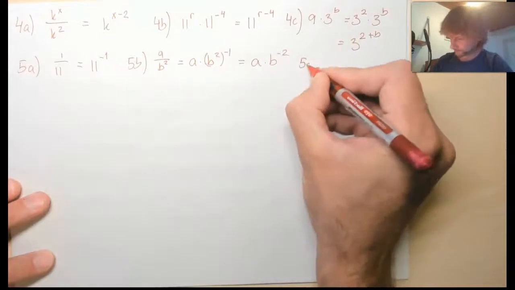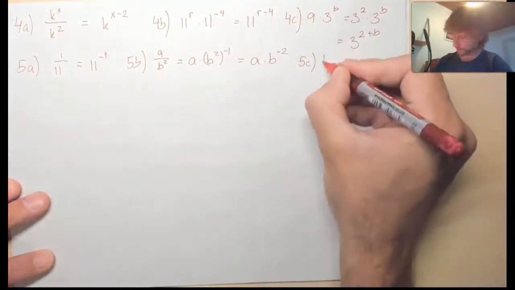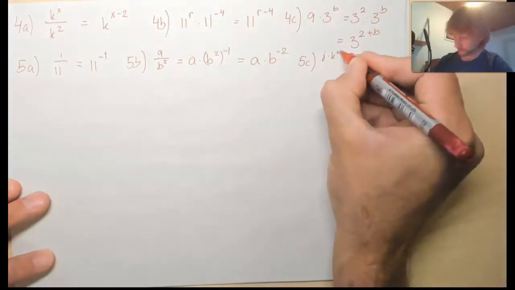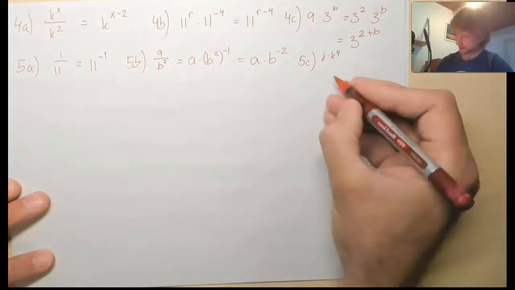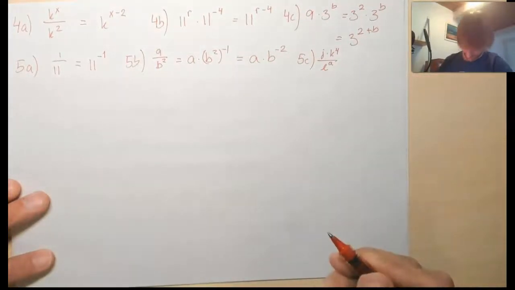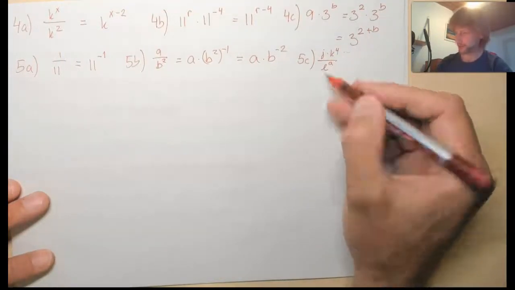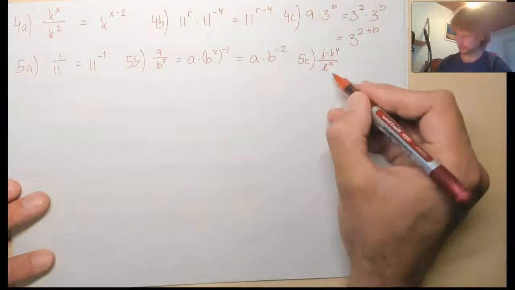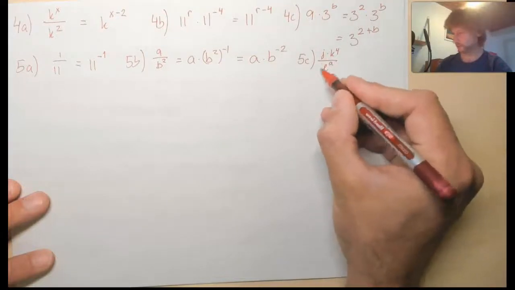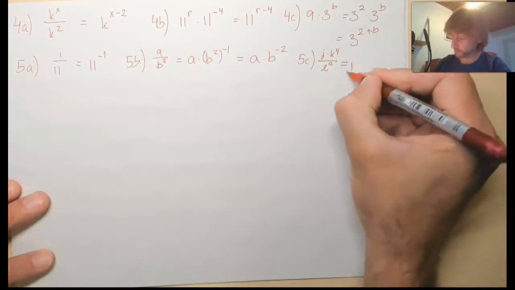5c, we have j times k to the 4th divided by L to the power of A. And that's a mess, because there's not really anything here that's the same, but what we can do is say we don't want to divide by L to the power of A, we want to multiply.